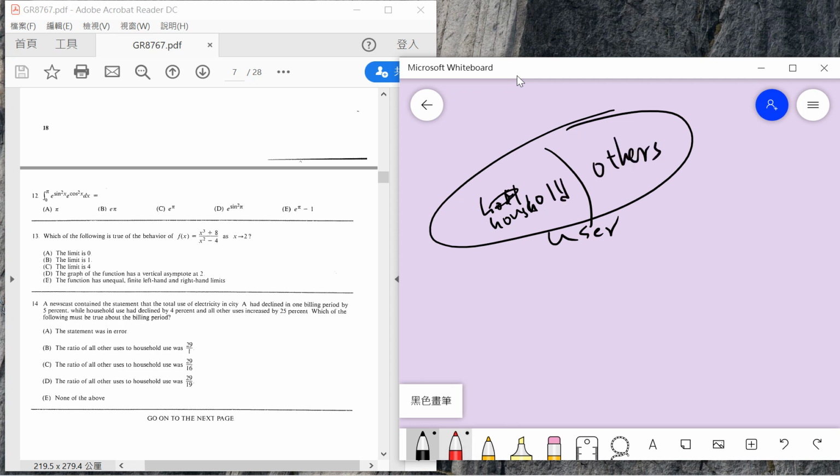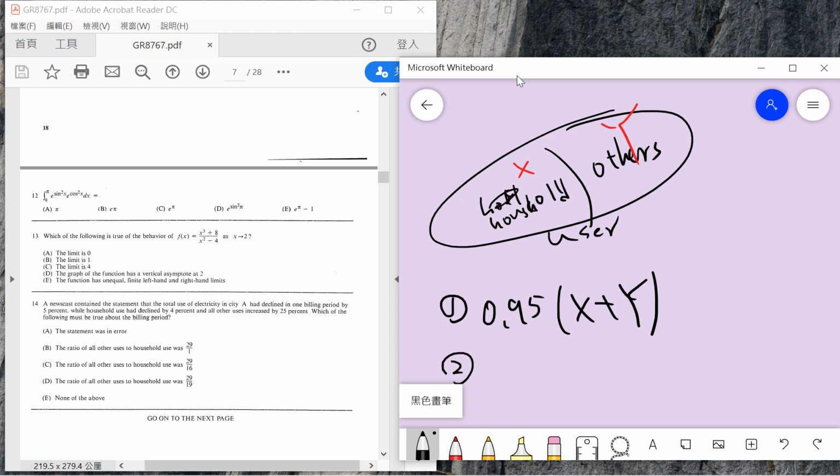Suppose the electricity which household use is called x, and the electricity which other users used is called y. So the first statement is that the total use is 0.95 times x plus y.